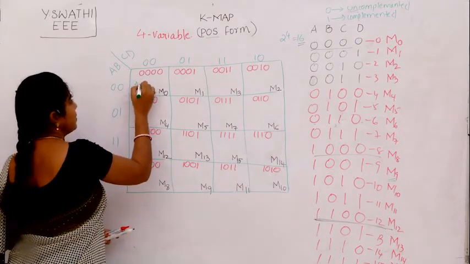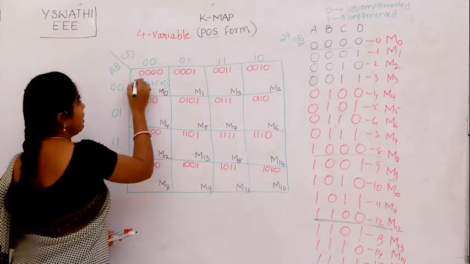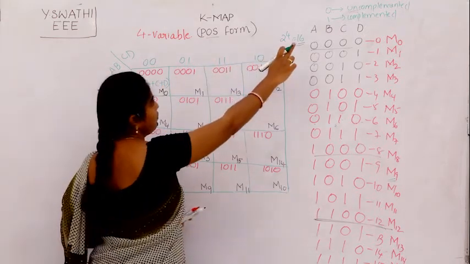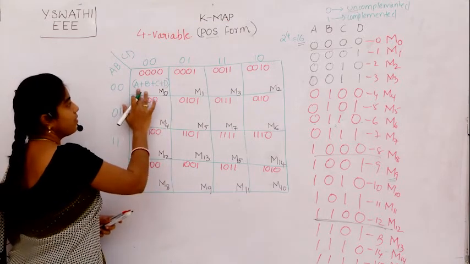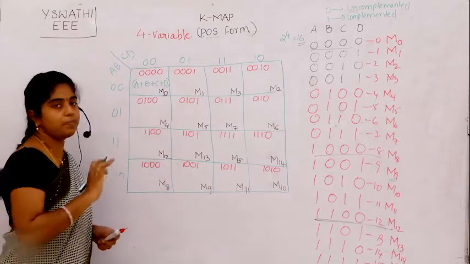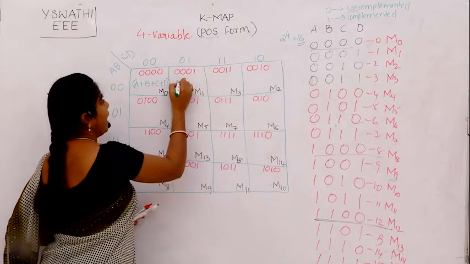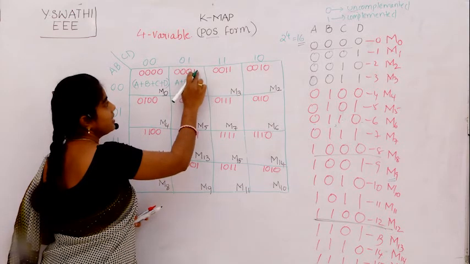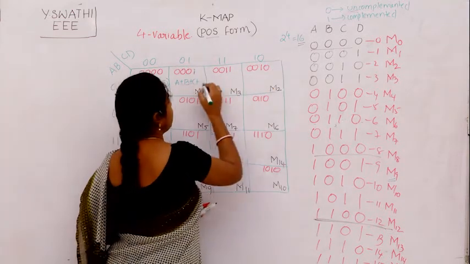A plus B plus C plus D, because all 4 are zeros here, so all 4 are in uncomplemented form, and since it is a max term, all 4 variables should be added. And M1 means A plus B plus C plus D, where D is 1, meaning complemented, so D bar.